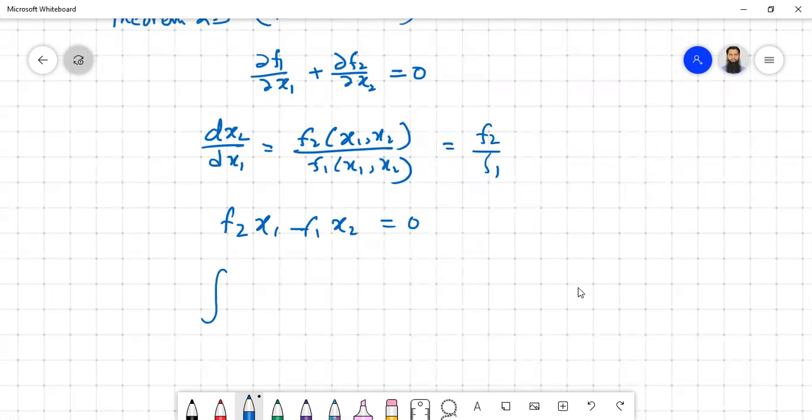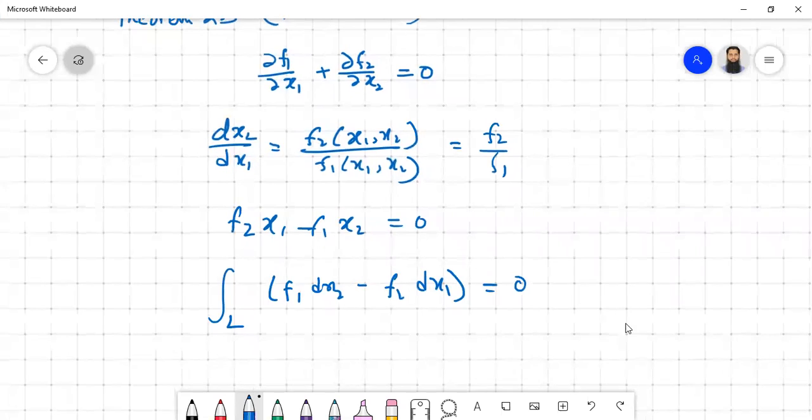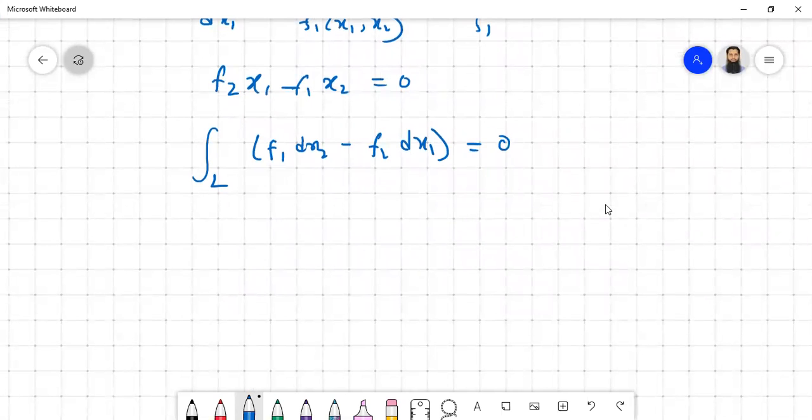Now if we integrate along the closed curve L of a limit cycle, then we have f1 dx2; if you take it to the other side, we have f2 dx1.